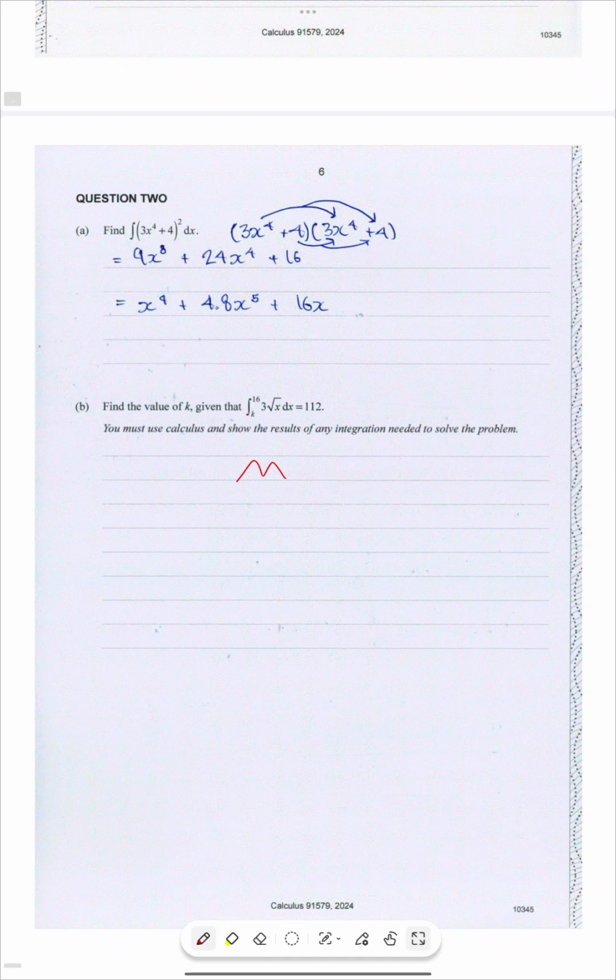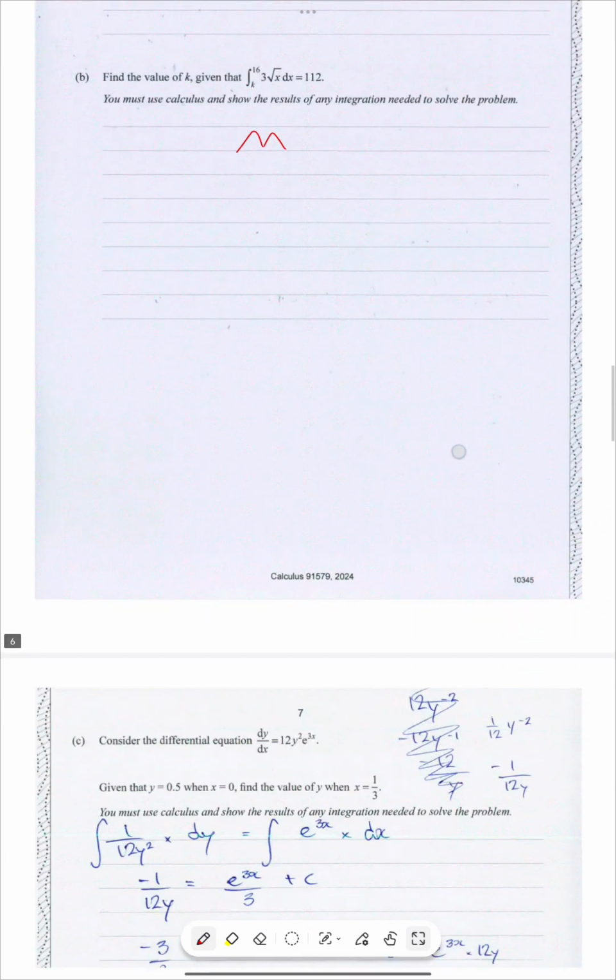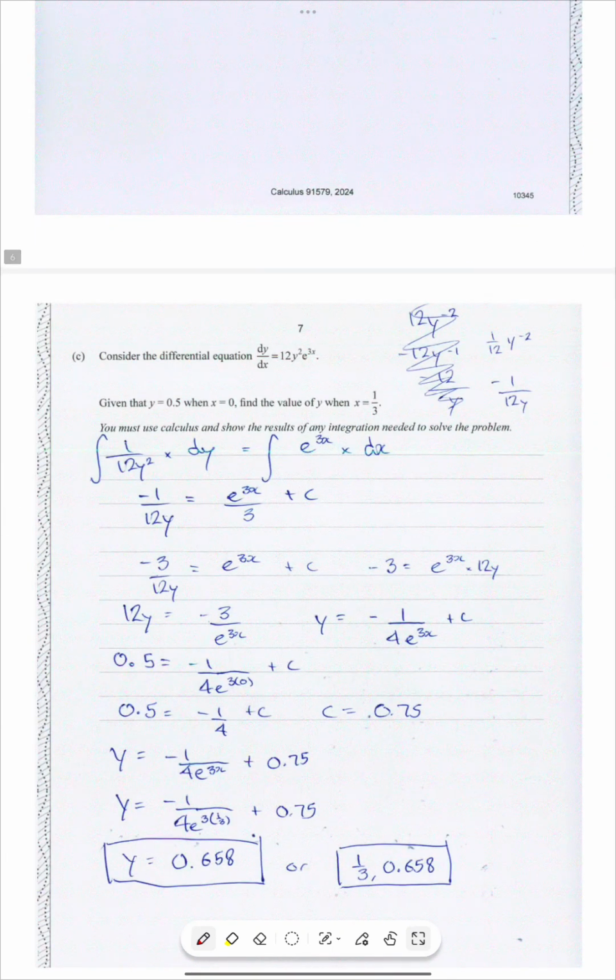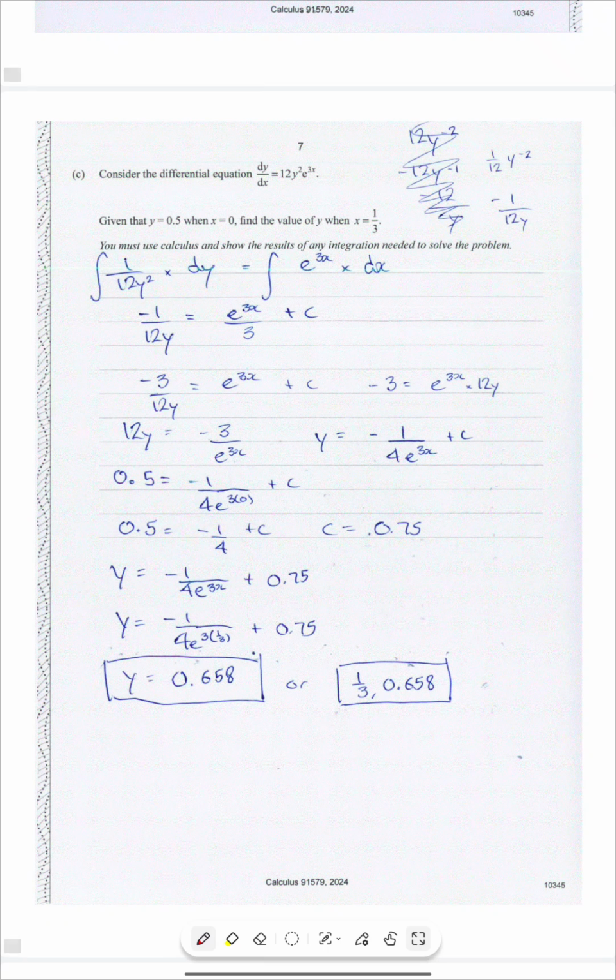Before we scroll further, I just want to quickly mention 2A. To make this more precise, we need to add these notations. And 2C, again, not correct.